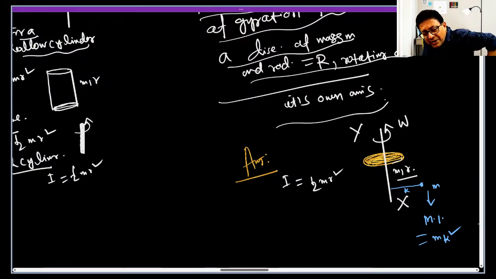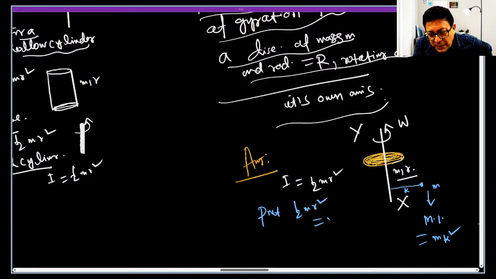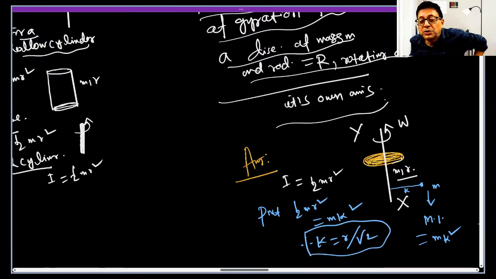Mass into distance square. Now put half m r square equal to mk square. So k equals r by root 2. The value of radius of gyration is going to be r by root 2.